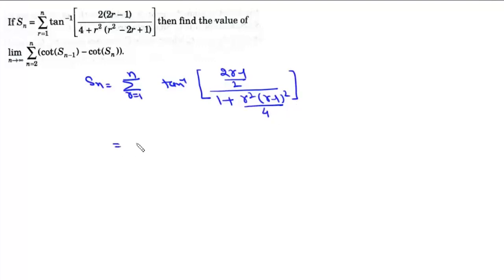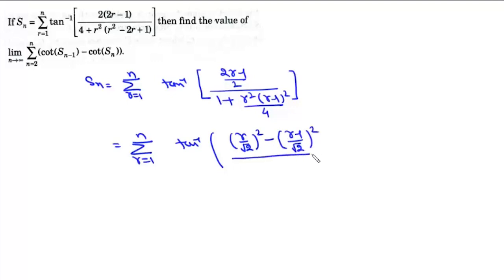Now we can simplify this as this summation r varies from 1 to n, and will be this tan inverse r by root 2 square minus r minus 1 by root 2 square, and here it will be 1 plus r by root 2 square and r minus 1 by root 2 whole square.